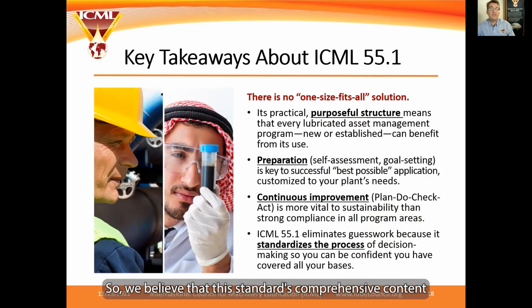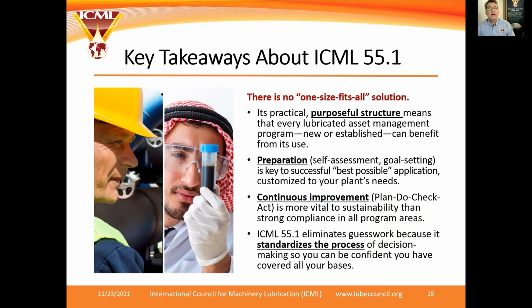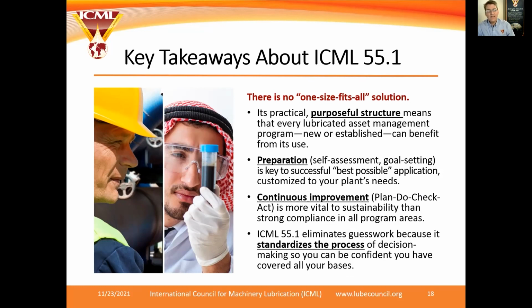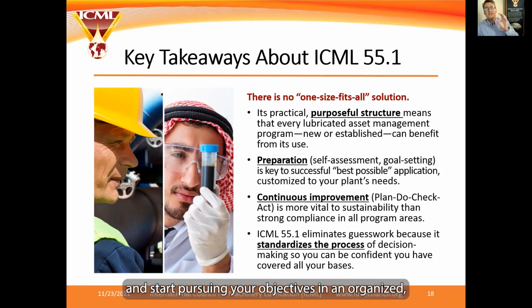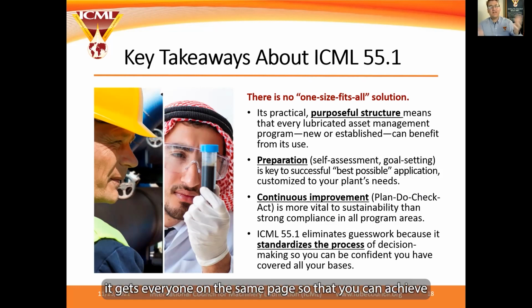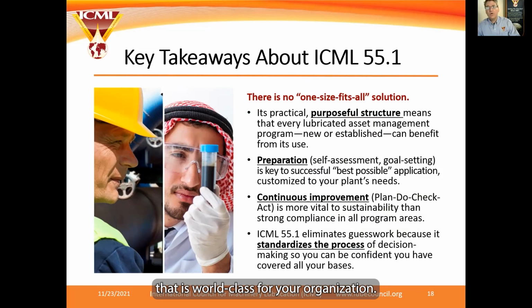So we believe that this standard's comprehensive content and structured framework combines to offer you exactly the support you need to finally stop picking random low-hanging fruit and start pursuing your objectives in an organized, orderly fashion. As a standard, it gets everyone on the same page so that you can achieve the best possible lubricated asset management program that is world-class for your organization.